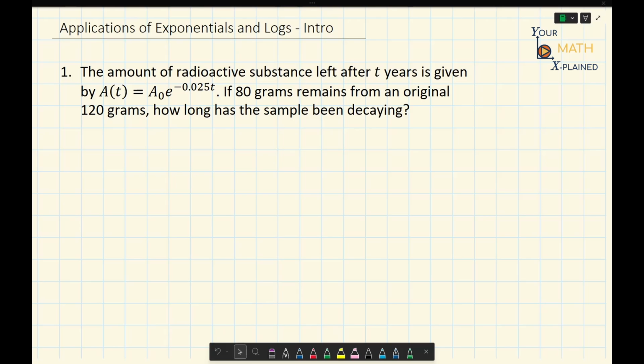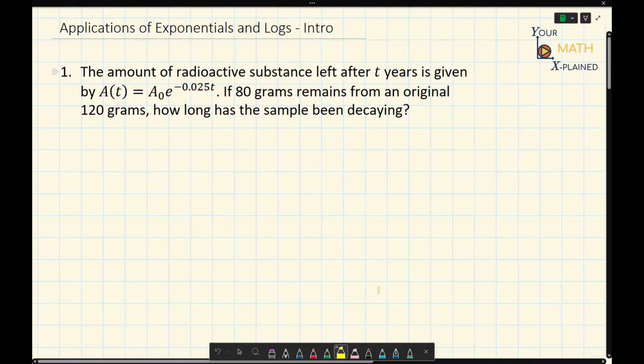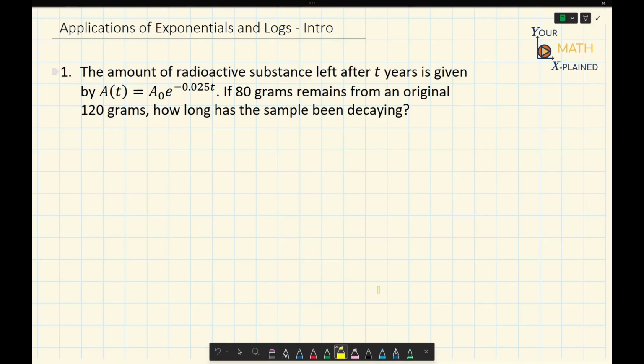For our first example, we're given the amount of radioactive substance left after t years is given by this equation here. So let's break that down first. When we say the amount of radioactive substance left after t years is given by, what that means is that A of t is what that sentence is.